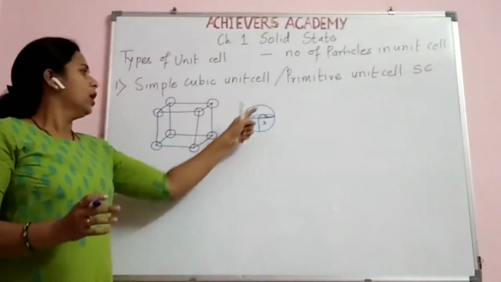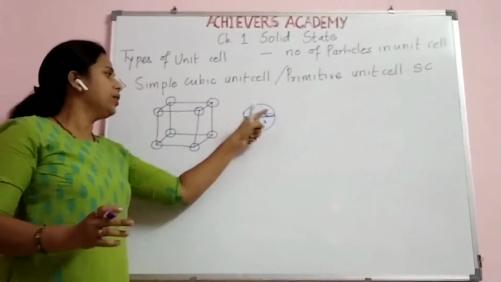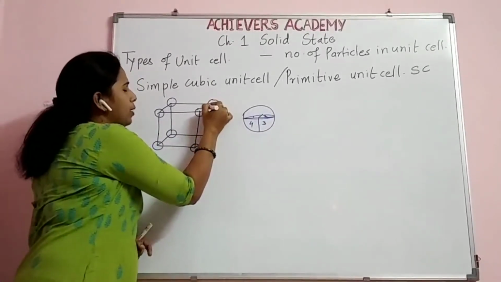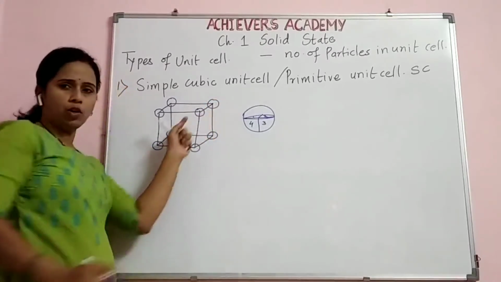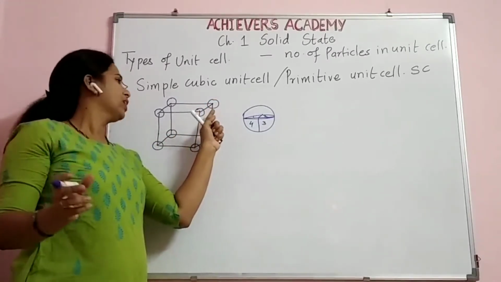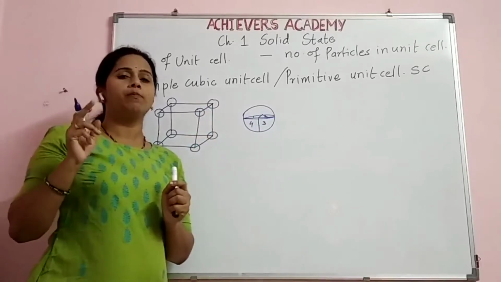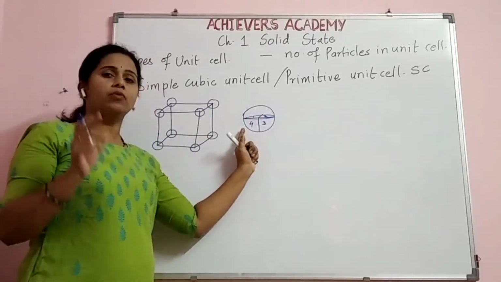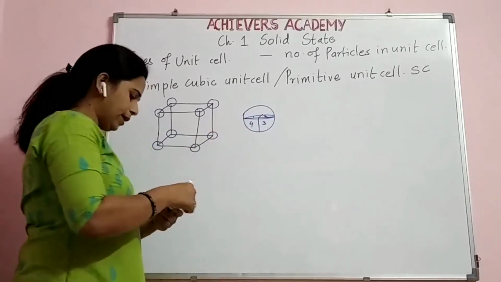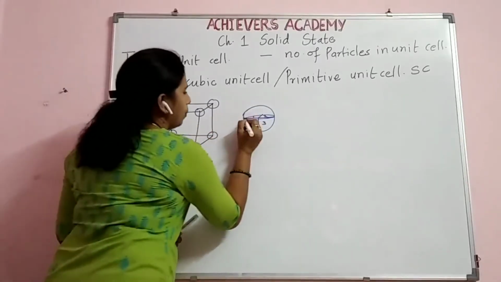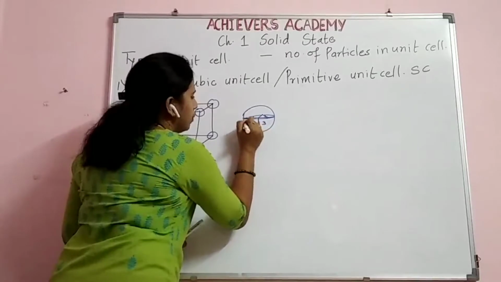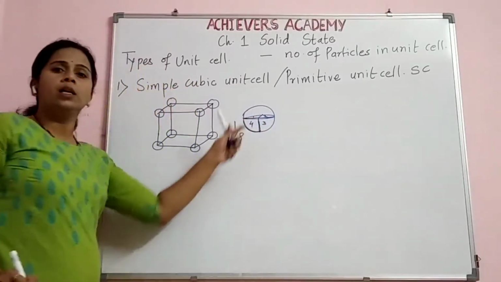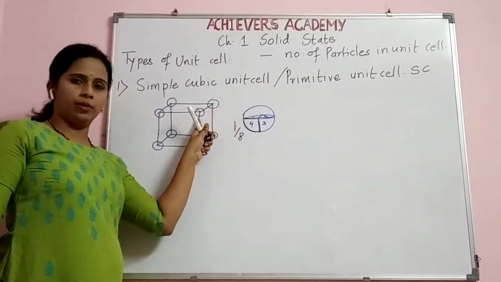It means that a sphere can be divided into 8 parts, and the particle present at the corner of the simple cube is the 1/8 part of the sphere. This particle, what is it? 1/8 part. So I'll highlight this part here. This 1/8 part of that particle is present at the corner.